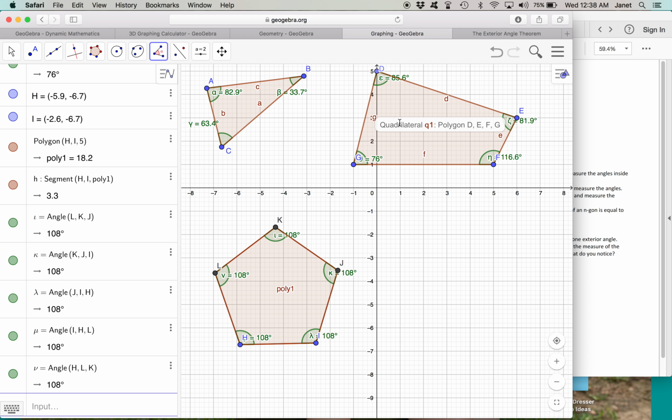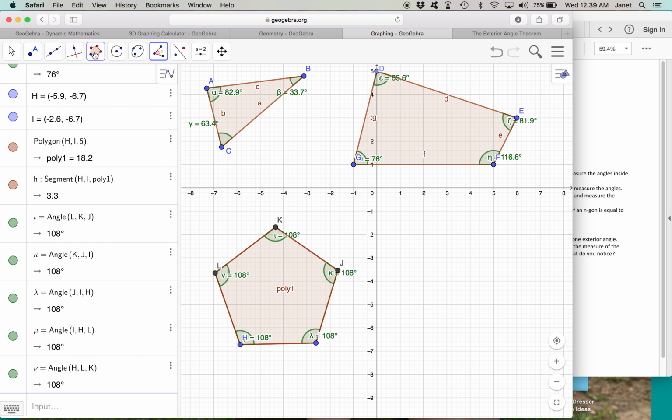So we've got the triangle, quadrilateral, regular pentagon, and we've found the sum of these interior angles for the triangle. Now, to prove by induction that the sum of the interior angles of an n-gon is (n minus 2) times 180, we're going to create 2 triangles out of my quadrilateral and then apply what we know to be true to the new situation.